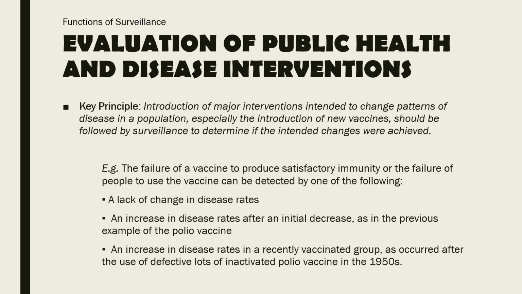The failure of a vaccine to produce satisfactory immunity or the failure of people to use the vaccine can be detected by one of the following: a lack of change in disease rates, an increase in disease rates after an initial decrease as in the previous example of the polio vaccine, an increase in disease rates in a recently vaccinated group, the use of defective lots of inactivated polio vaccine in the 1950s.